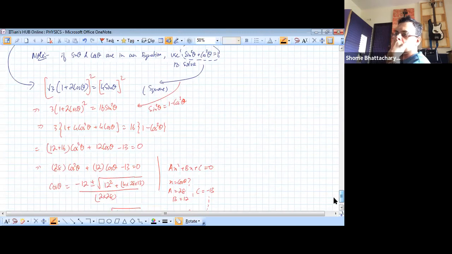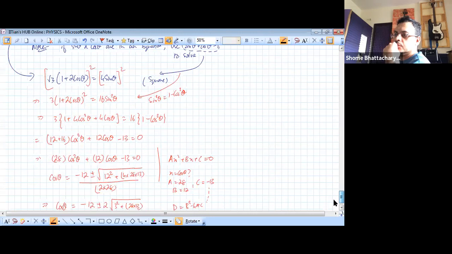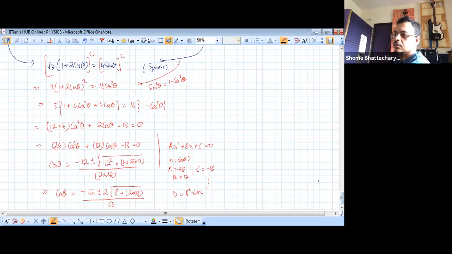So in the next step, we are taking 4 common. So from 12 square or 144, if you take 4 common, you are left with 36 and not 3 square. Just make a correction here. This term will be 6 square.